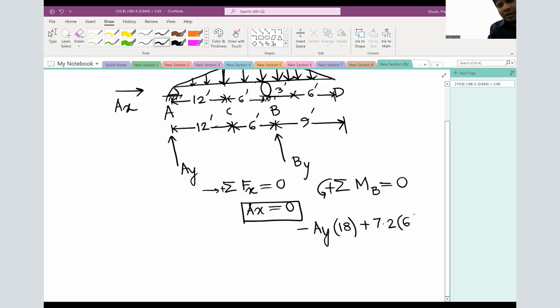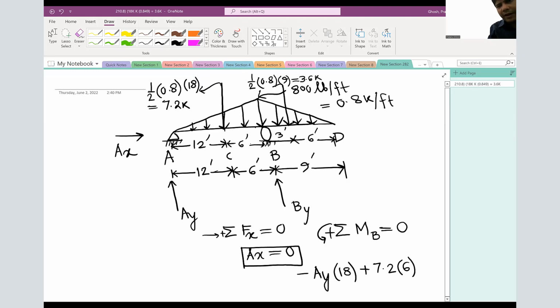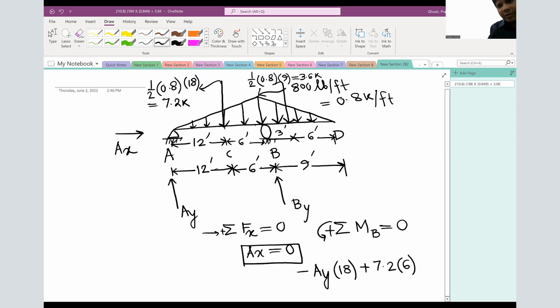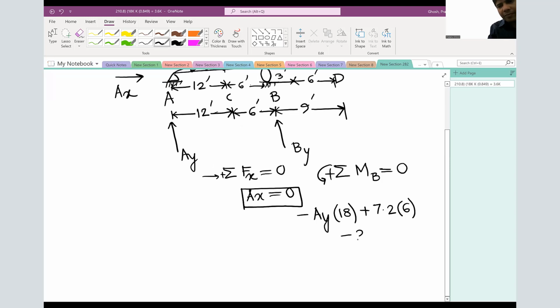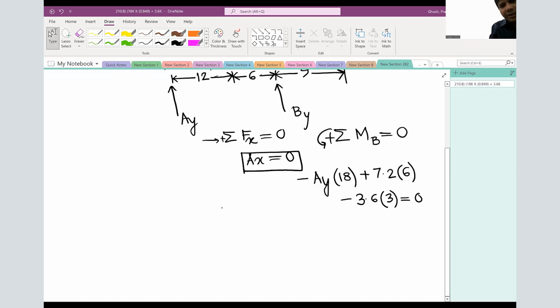AY times 18 is clockwise, negative. And 3.6 times 3 clockwise. That gives your AY is 1.8 kips, positive, upward.